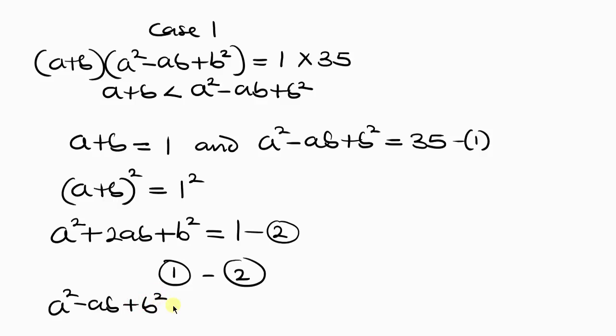That's equation 1. Minus the left-hand side of equation 2, which is a squared plus 2ab plus b squared. Now let's go to the right-hand side. The right-hand side of equation 1 is 35, minus the right-hand side of equation 2, which is 1. Very good.